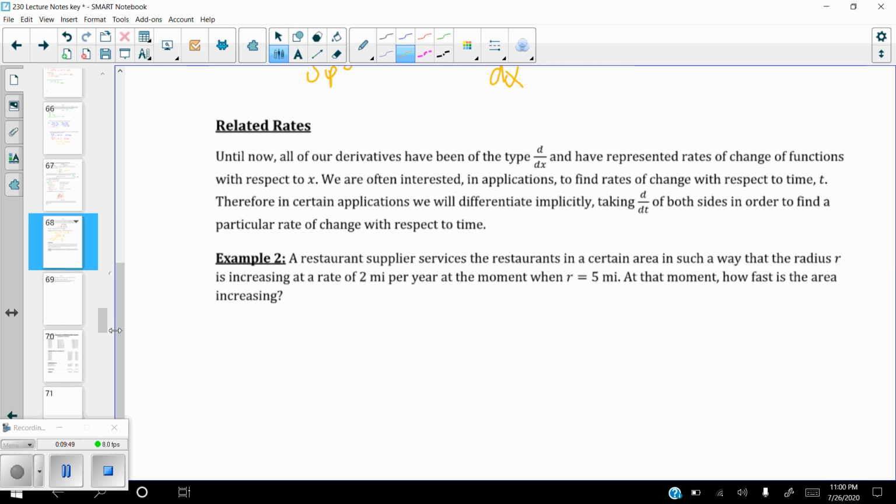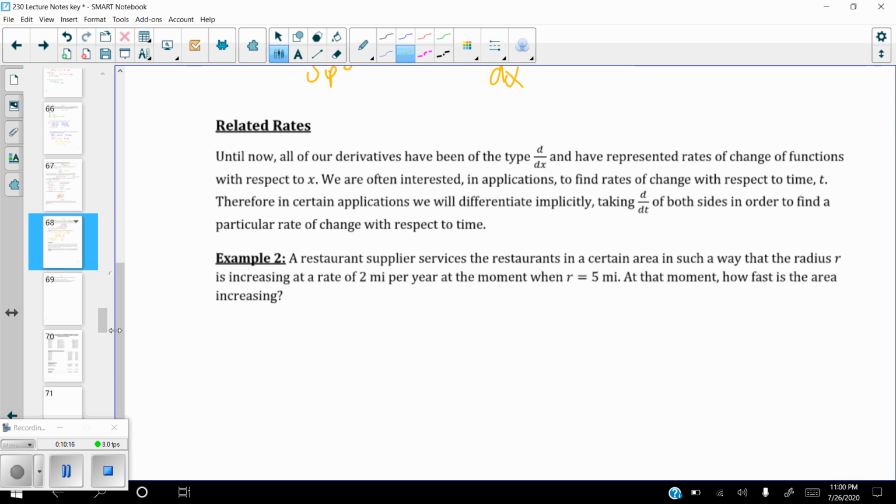Well, there are going to be a lot of times in applications where we have different variables, where maybe we have something with respect to time, and specifically with related rates, that's what we're going to talk about. So we're going to have d something over dt. And the reason they call it a related rate is because every variable changes over time, but they're all related to each other somehow.